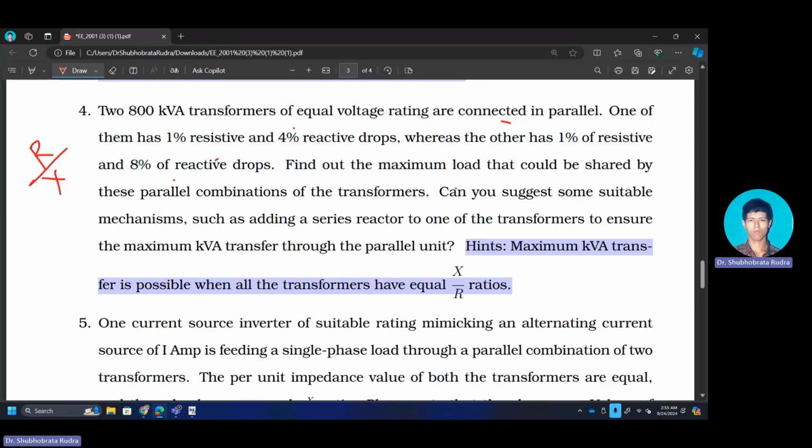For the time being, you may just drop this part. Basically, it is asking how you can manage the 4%. You get maximum kVA transformation when you have equal impedance angles. So it is asking to compensate the 8% reactive drop in the second transformer and make it somewhat closer to 1 and 4%.